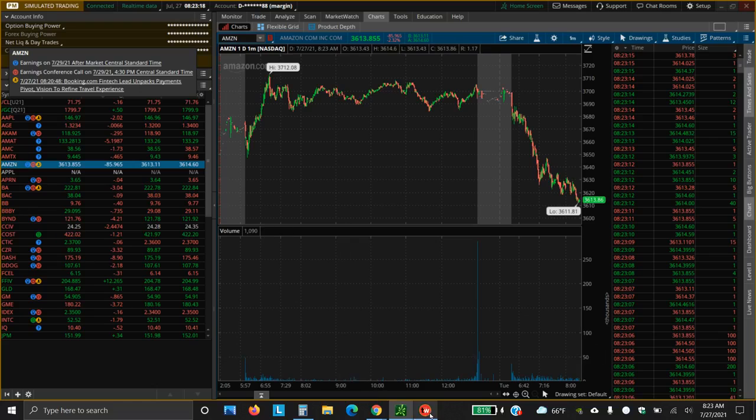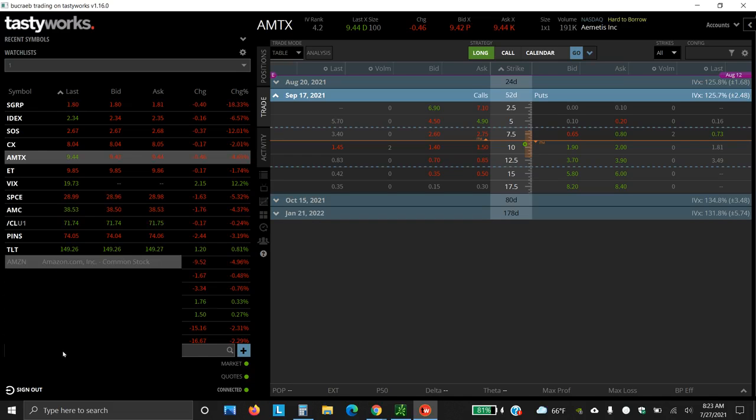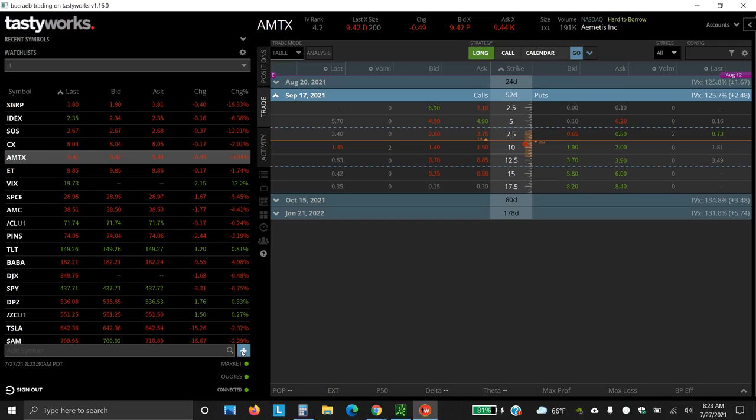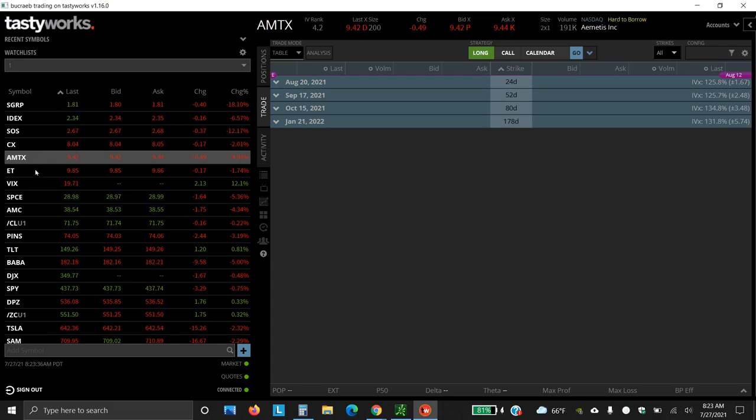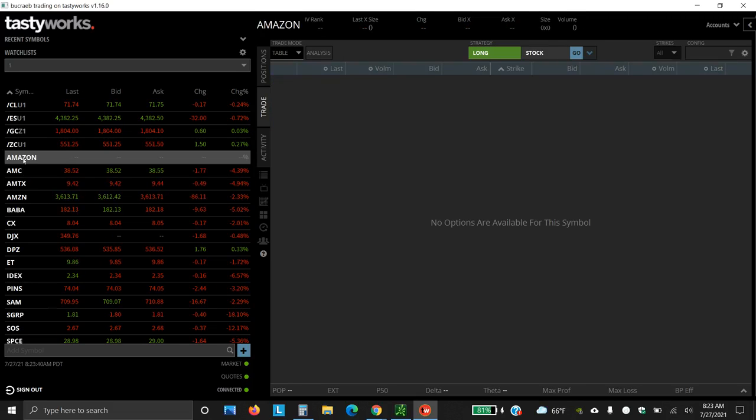If we look at the other platform here on Amazon, actually this tells you on the other platform too, but I want to know the expected move. Go to Amazon, that's the symbol there, add it.